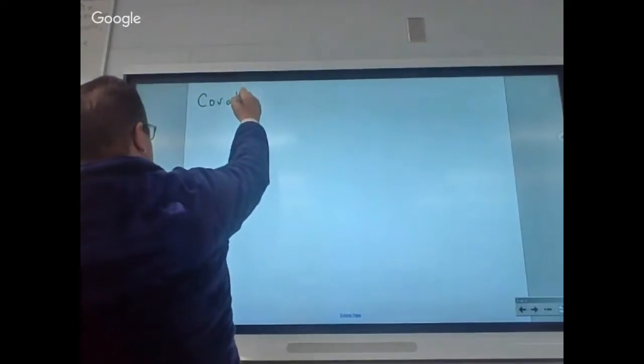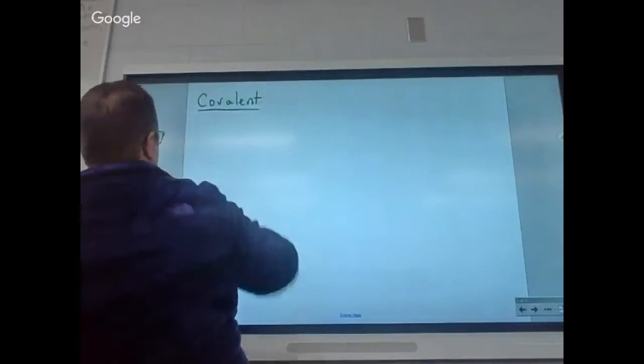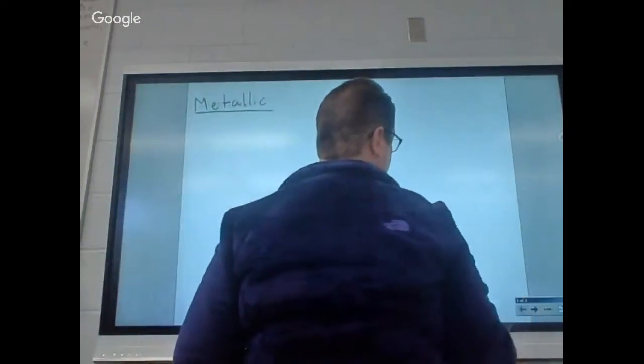I'm going to stick with metallic. If you want to just do metallic and then flip to ionic next, try that. I will try very hard to finish all of metallic before I go to ionic. I cannot promise that I will not have forgotten something, however.